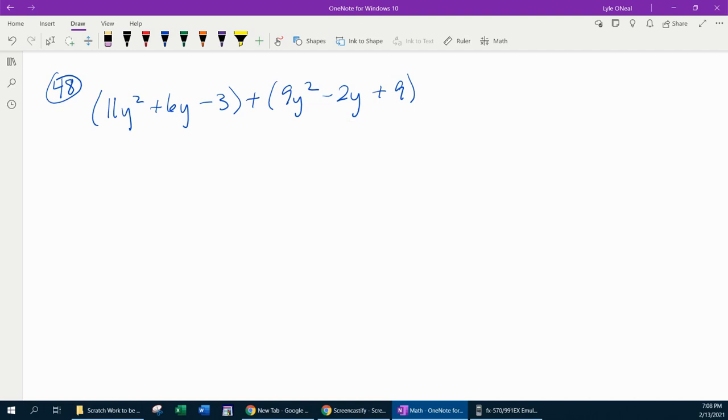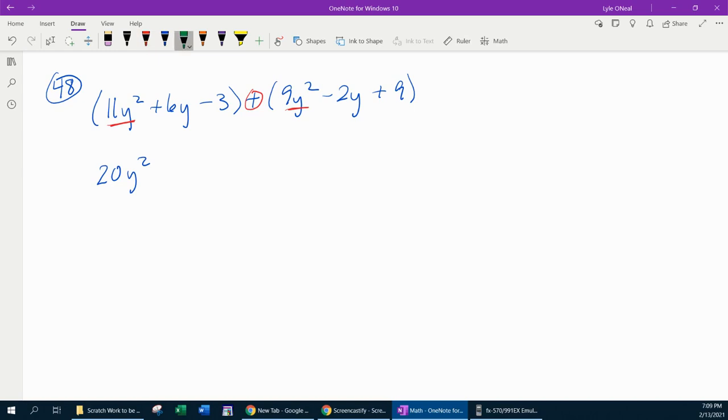I need to combine like terms. So I'm going to start with the y squared term. I've got 11y squared plus 9y squared. 11 plus 9 is 20y squared.